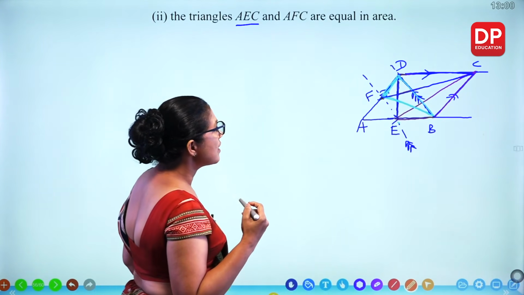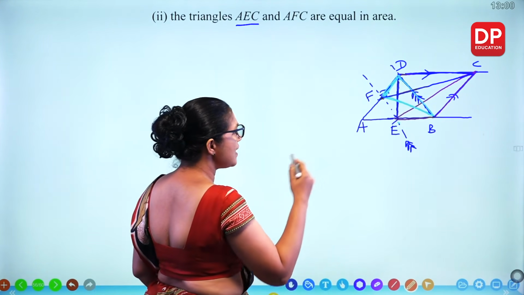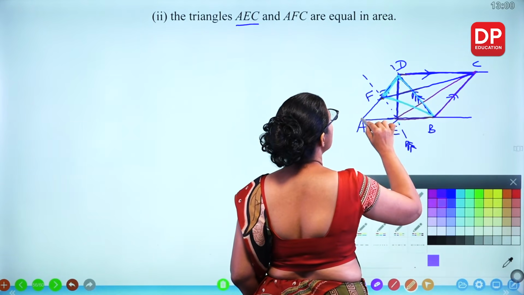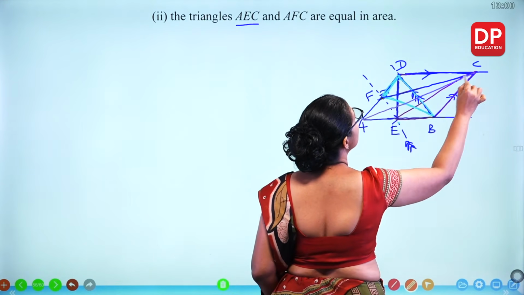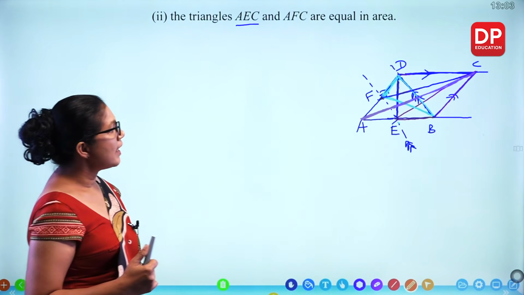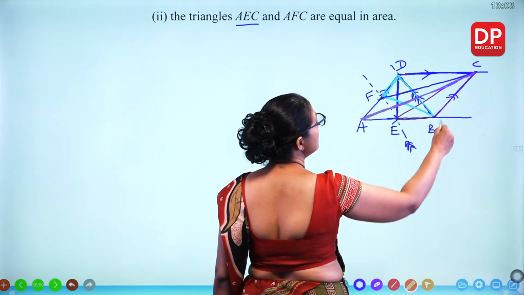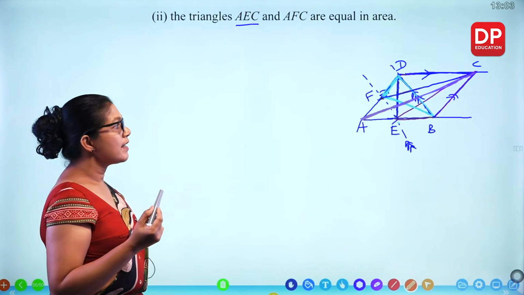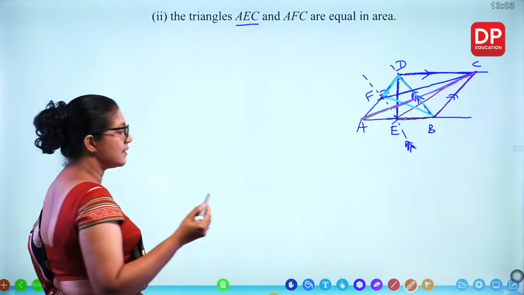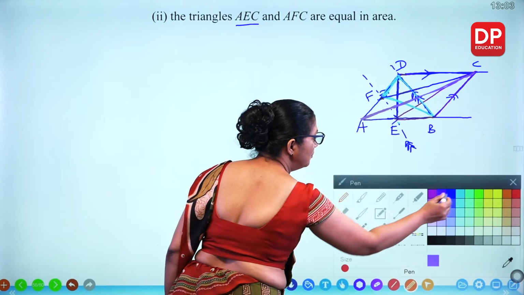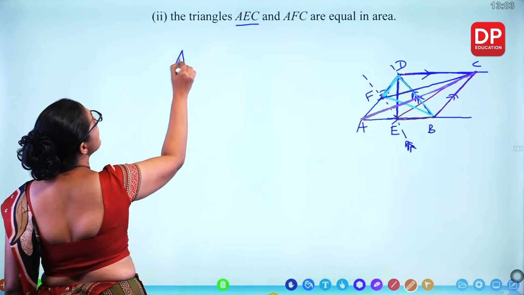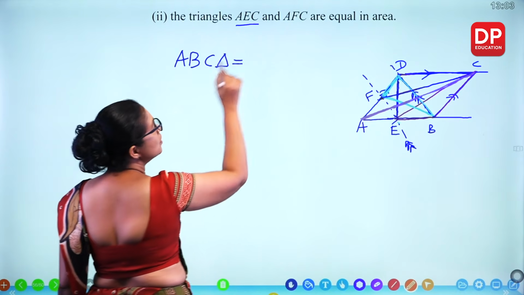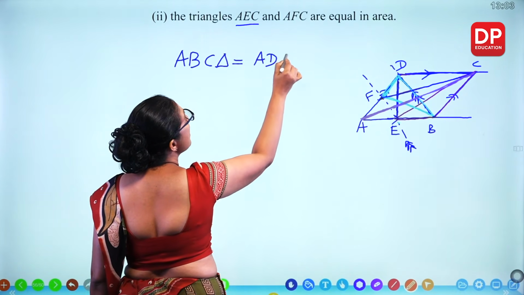Now we'll connect the AC line. I'll take another color. Now we'll look at this triangle. What can you say about ADC triangle and ABC triangle? We can say ABC triangle is equal to ADC triangle.